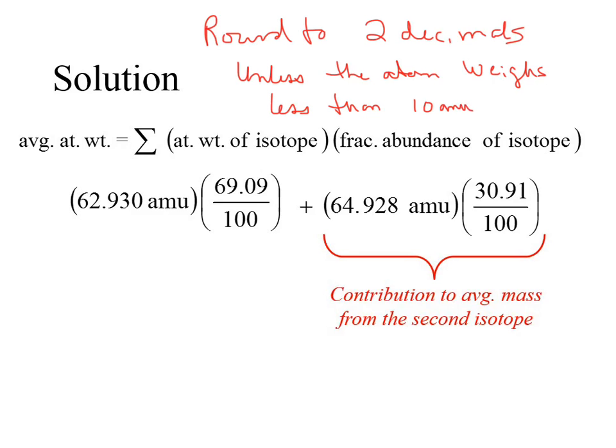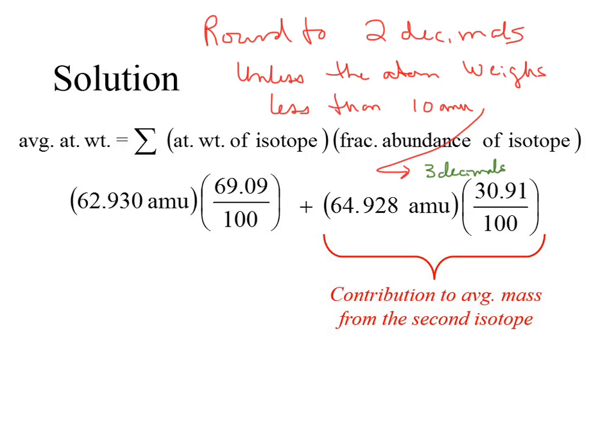So if the atom weighs less than 10 AMUs, in this case, go with 3 decimals. So 3 decimals for the light atoms. So I think the breaking point is about beryllium. Yeah, beryllium average atomic weight is 9.012182. Boron is 10.811. Okay, so the first 4 you go with 3 decimals.